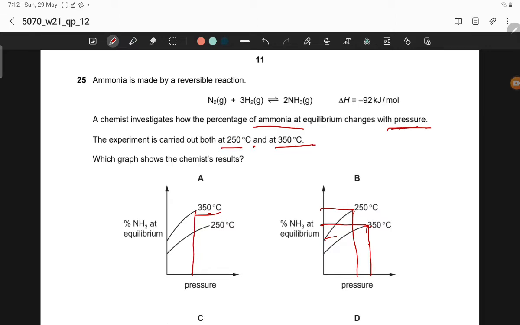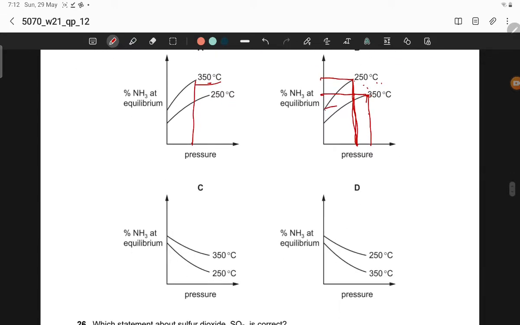With pressure. This is a compromise. At 250 degrees centigrade, so this is not correct.